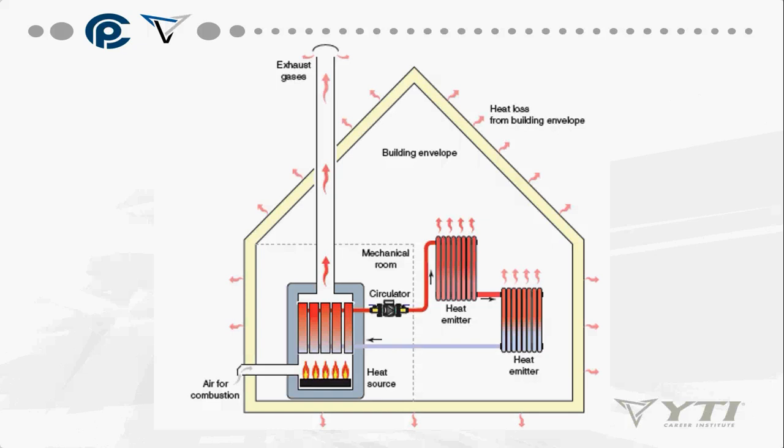Okay, through the ceiling, through the walls. Some of the heat that's being generated by the boiler itself is just going to escape out the flue pipe, which either raises or lowers its efficiency, right? So we have to look at those things when we're thinking about how a boiler is operating.